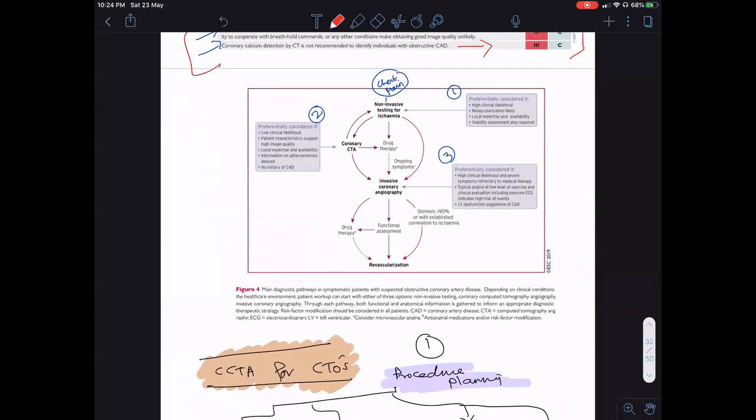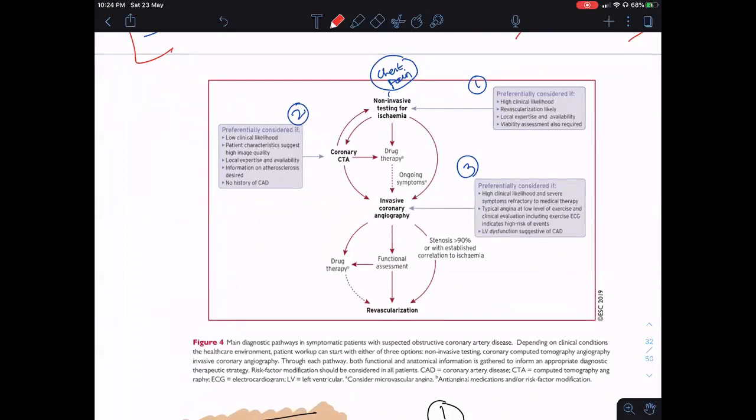So this was their algorithm, again given in that CCS guidelines. When a patient comes with chest pain, who gets a CT, who gets an invasive coronary angiogram? Patients who have a low clinical likelihood of ACS, thin men, not women, not obese, are the patients who can get very good image quality.